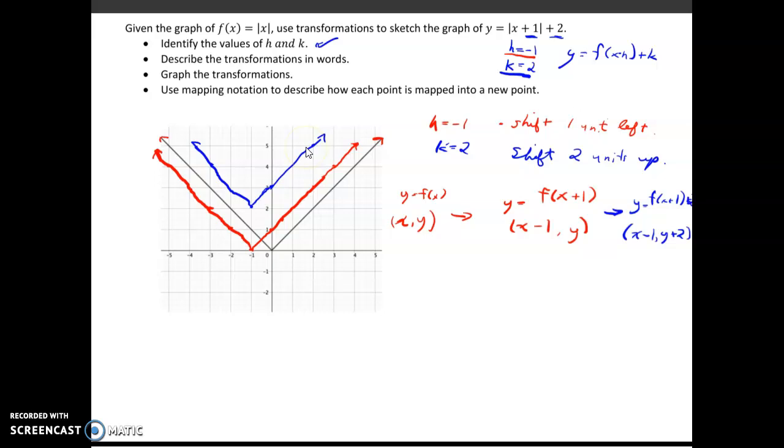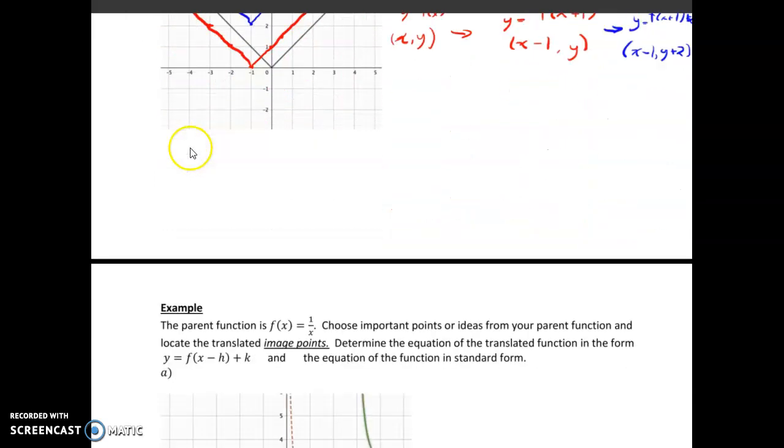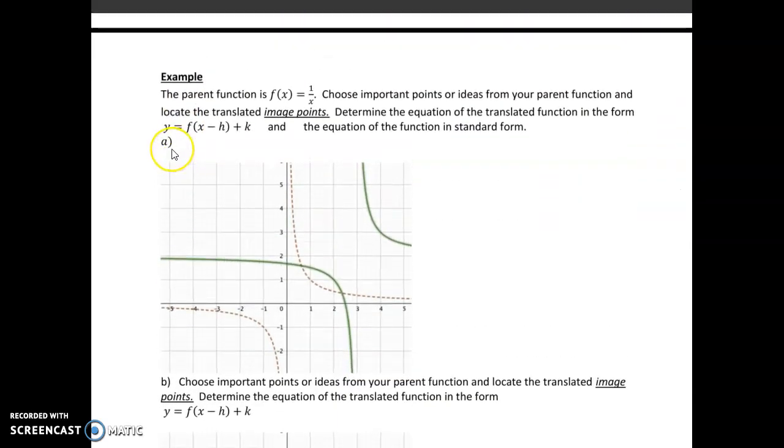I identified those. Then I put it into words and said, how did these graphs change? Last but not least, I changed the way the function looks, and this is my point notation that I use to transform functions. All right, let's move on.